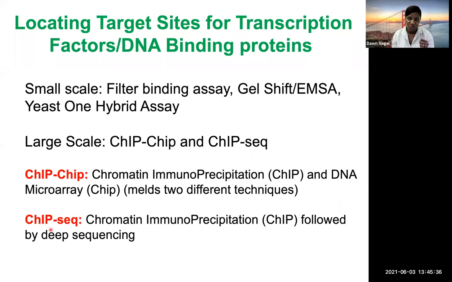You can do ChIP sequencing where you isolate where it's binding and then you're just sequencing those regions where it's binding so you know what it is. Depending on what your question is, we'll decide which of these techniques to use.